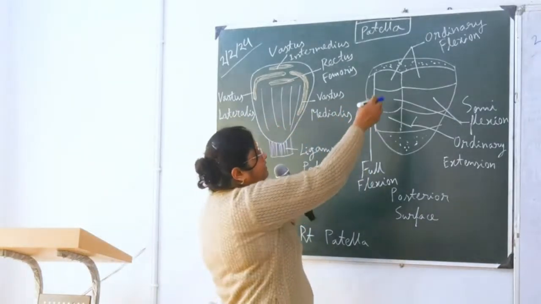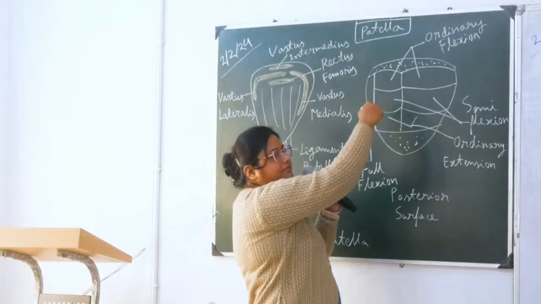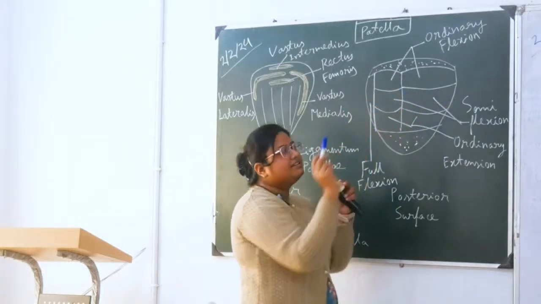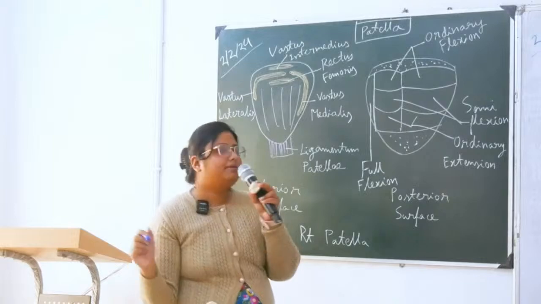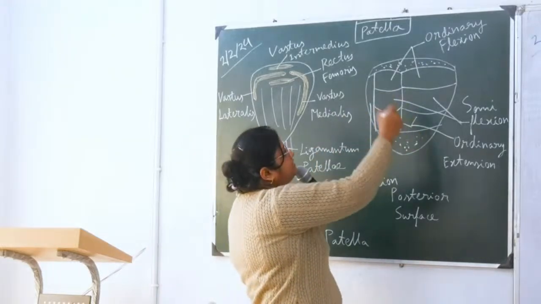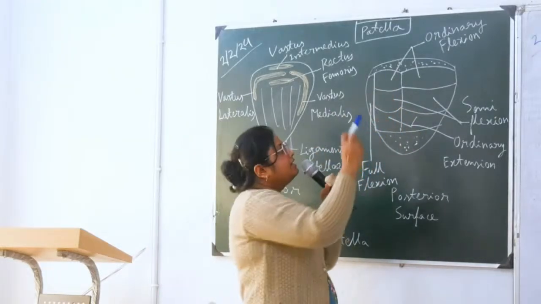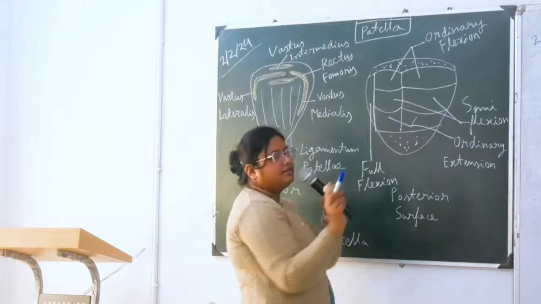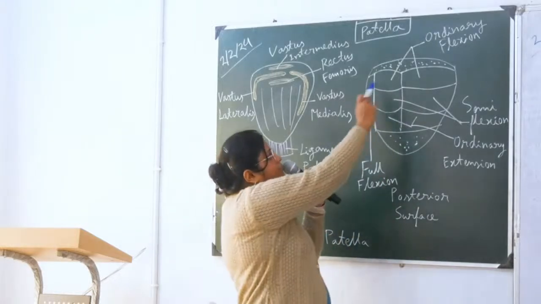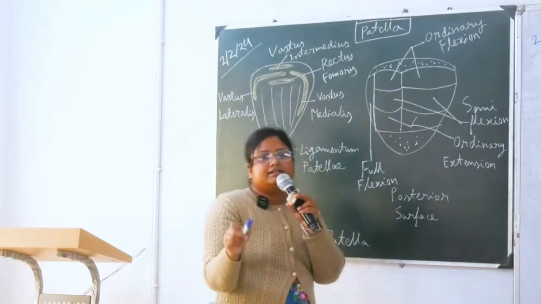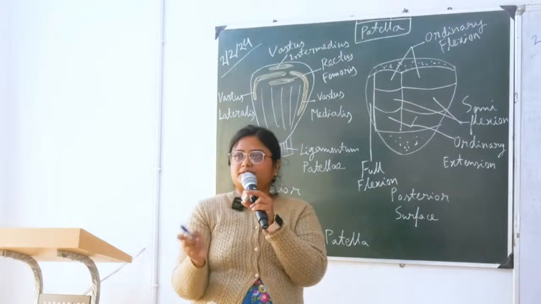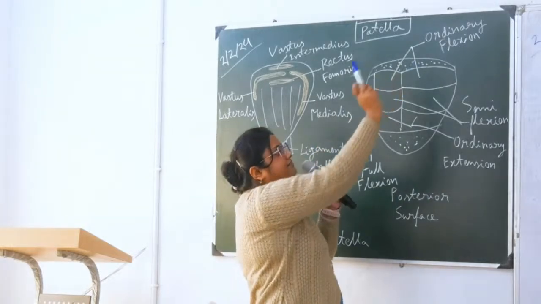Now the smaller medial area, the rest of the medial area and the lateral area are divided by horizontal ridges into three parts: upper two, middle two and lower two. Upper two comes in contact with the patellar articular surface of the femur in ordinary flexion.